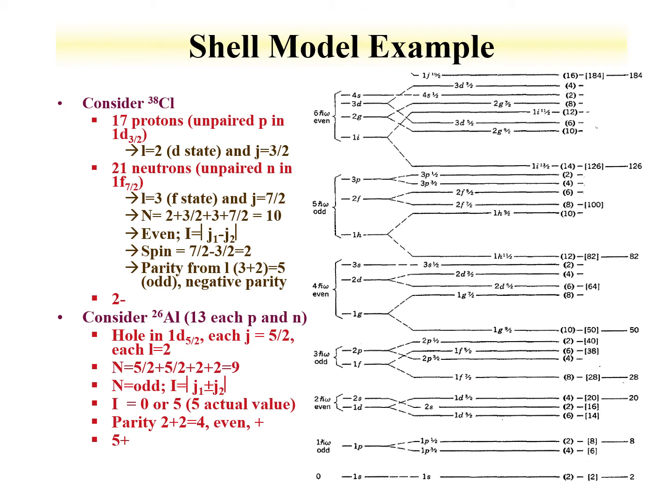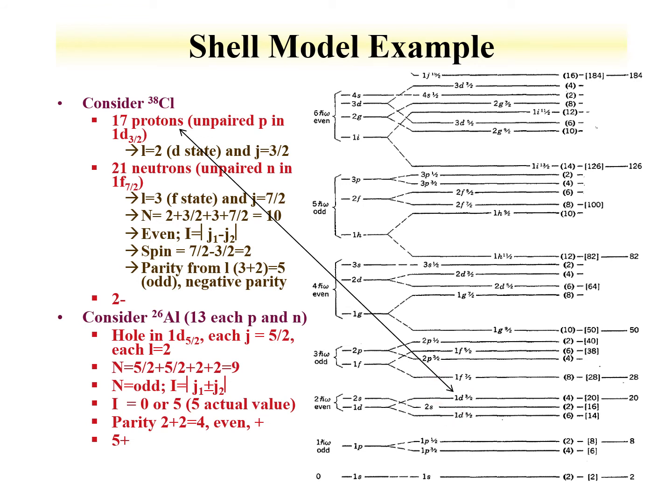For an example of the Nordheim number for an odd-odd nucleus, let's consider chlorine-38. Chlorine-38 has 17 protons and 21 neutrons. The 17th proton is going to live in the 1d 3/2 state. So L is D, right?